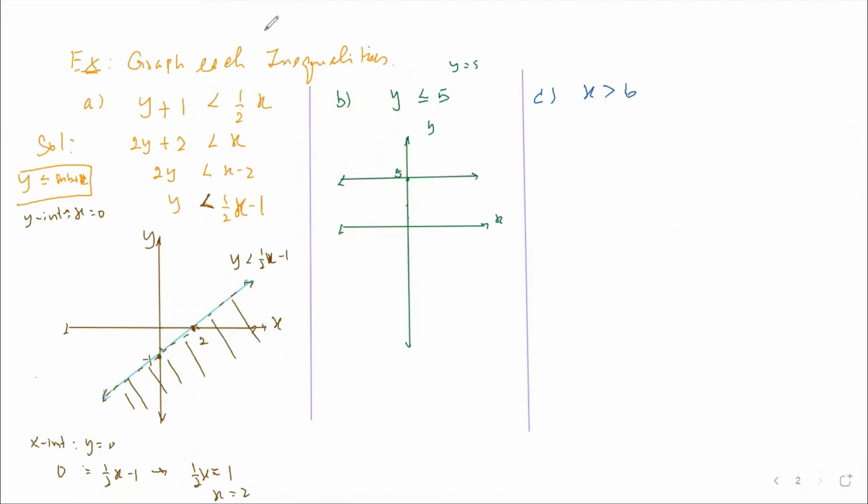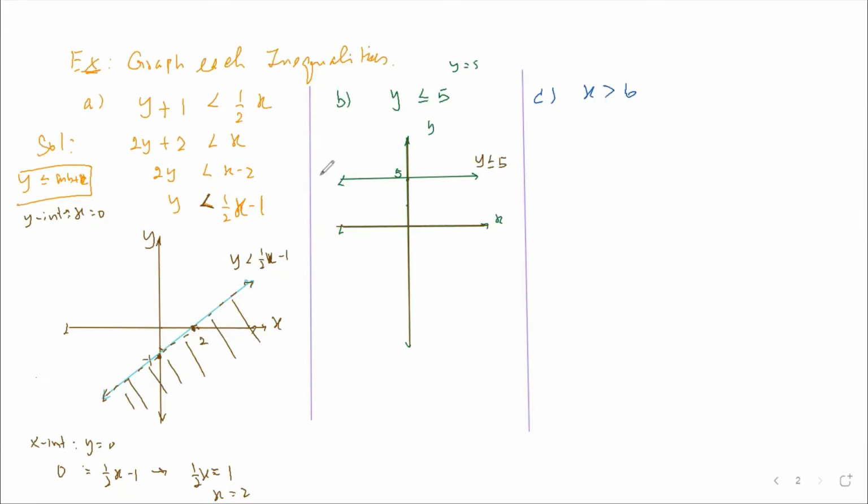Maybe I can use a different color here so we can see which one is the x-intercept or y-intercept. After this, you label it y less than or equal to 5.